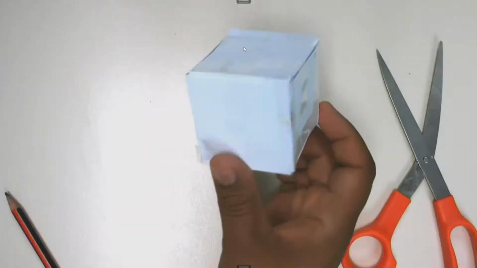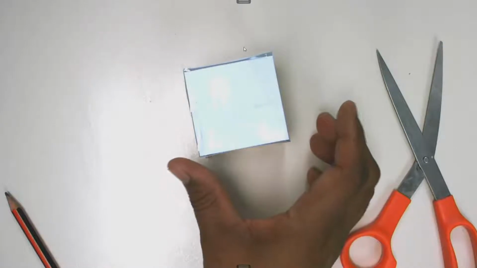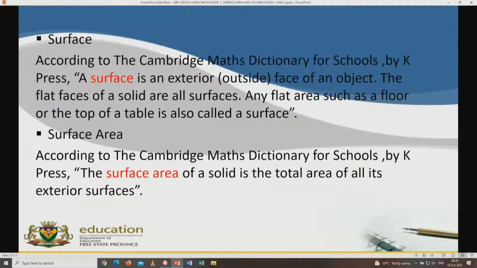Now, from the definition, we said the surface area of a solid is the total area of all its faces.